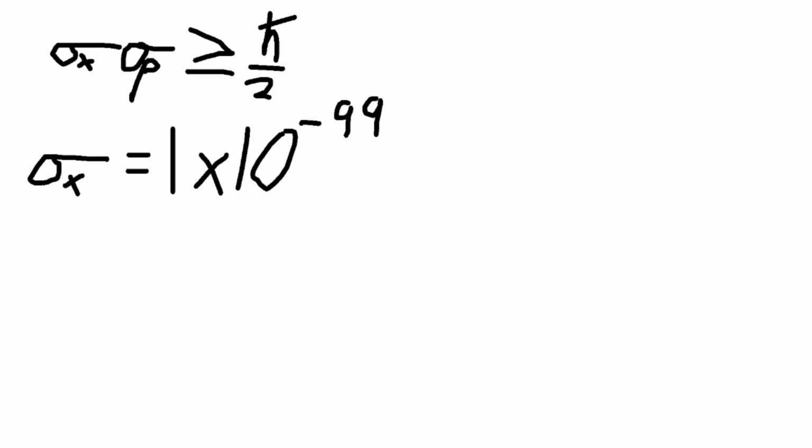So basically this is scientific notation for writing 0.89 zeros and then a 1 meters. So we want our sigma x to be ridiculously, obscenely small, even by quantum mechanics standards. It is as small as we can imagine.